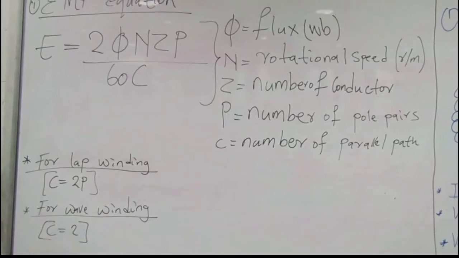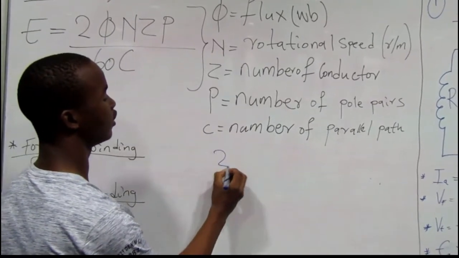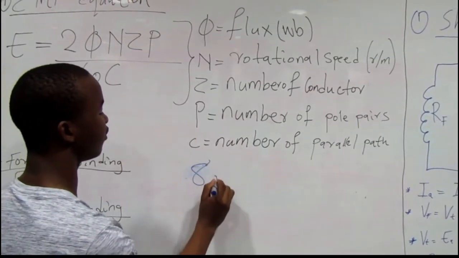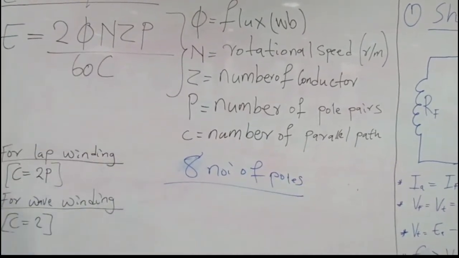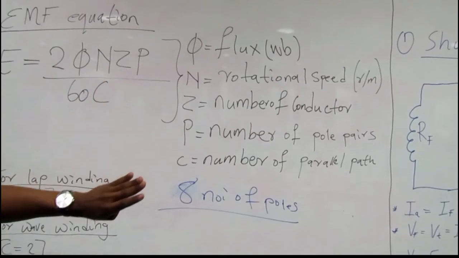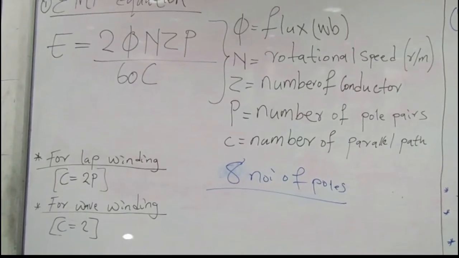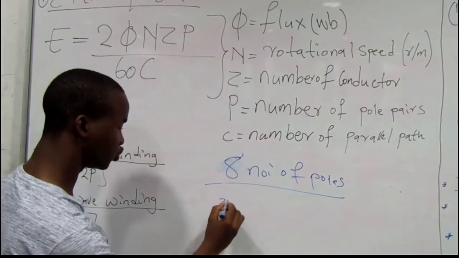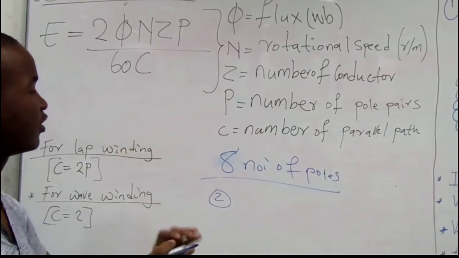Let's say they have given us 8 poles. When you need to substitute your P here, in order to get a correct answer, you need to divide this number of poles by 2 so that you can get the number of pole pairs, not the number of poles.